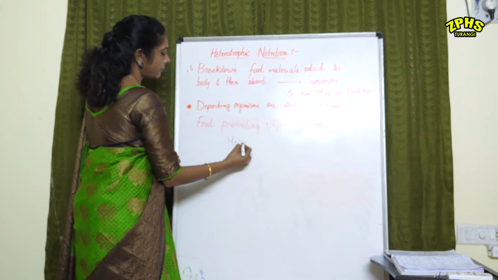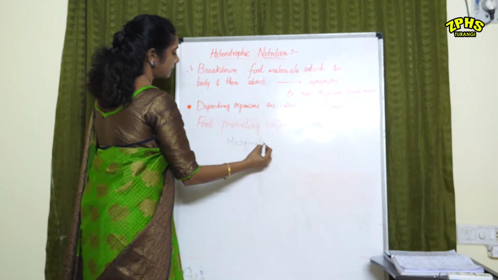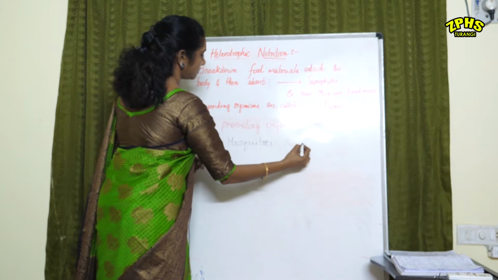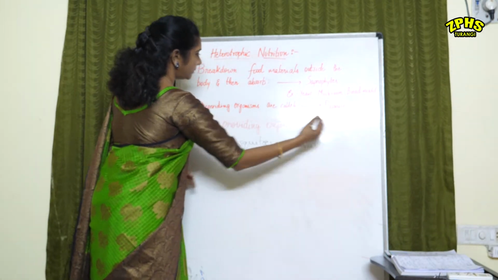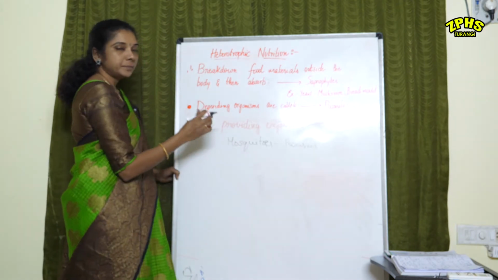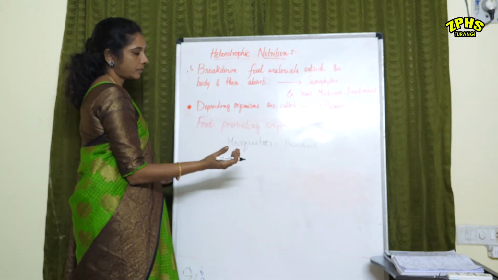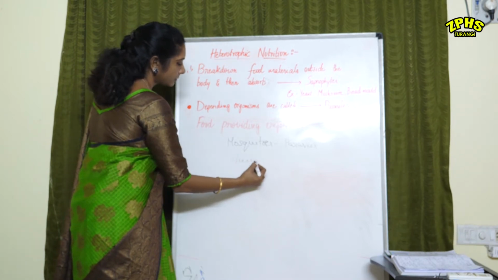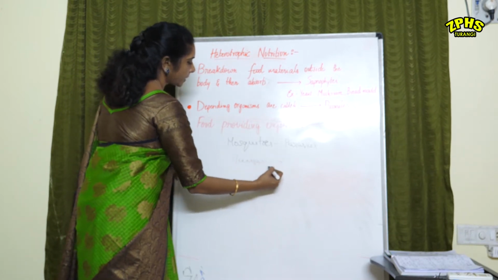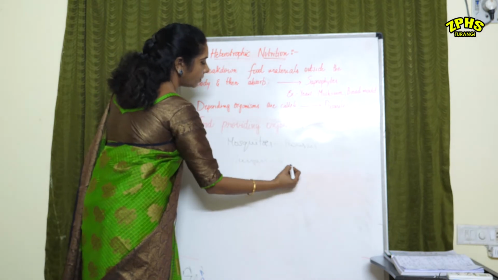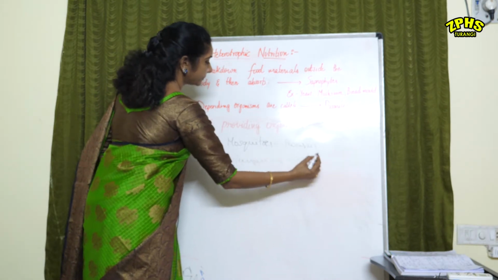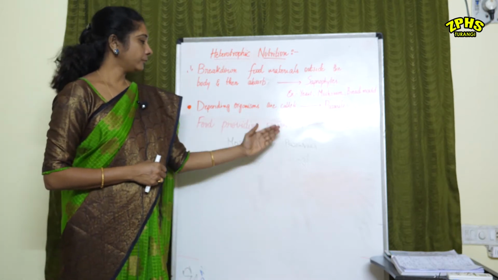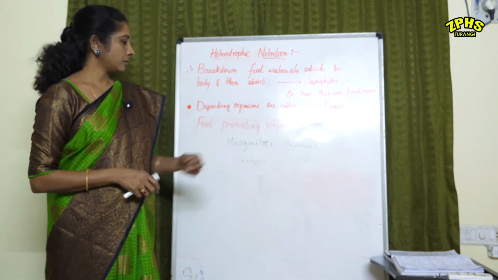Mosquitoes are an example for parasites. They take the blood from human beings, suppose. So the human beings come under host. Here the host provides food to the parasites.